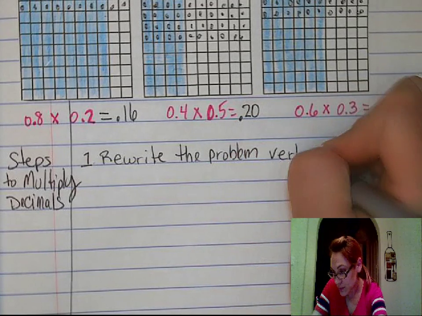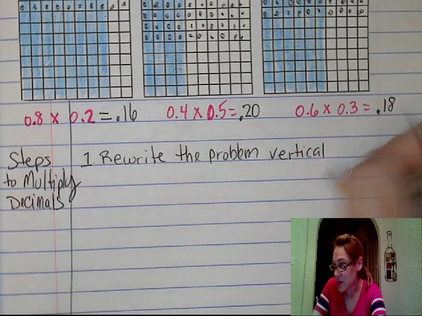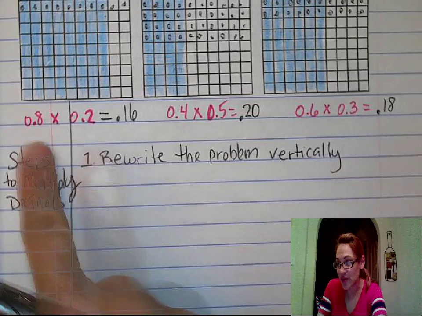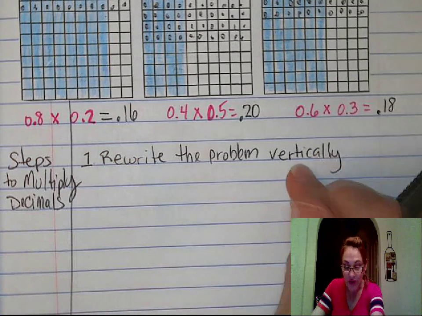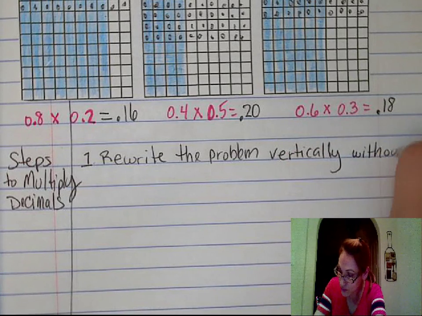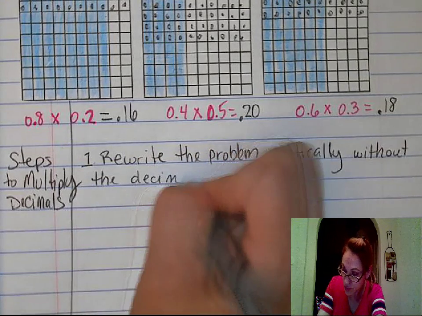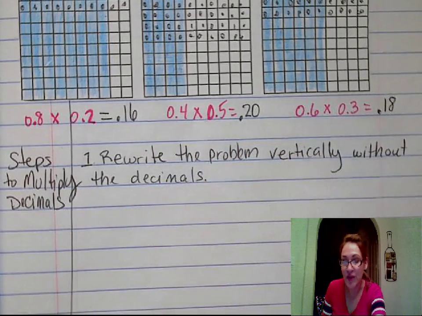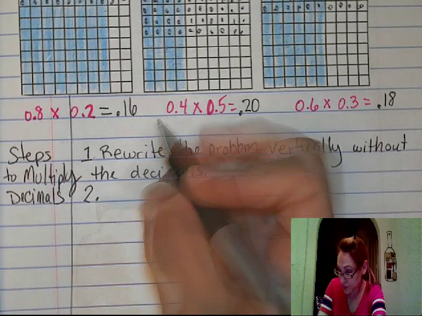Remember, vertically, that means up and down. So this over here, that's horizontally, right? So you're going to rewrite it vertically without the decimals. Okay, that's step 1. Step 2, multiply like normal.